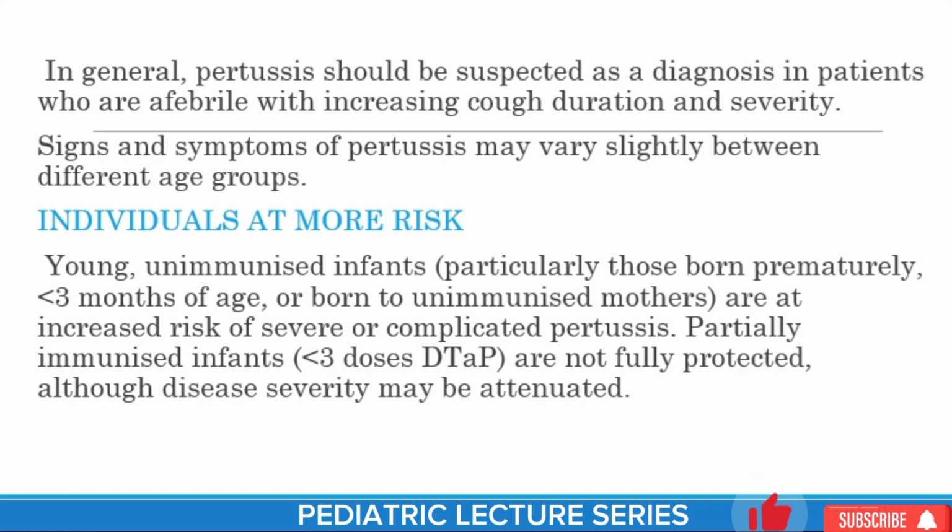Individuals at more risk, mostly the young, unimmunized infants less than 3 months of age, or those born to unimmunized mothers, are at increased risk of severe or complicated pertussis. Partially immunized infants, who have received less than 3 doses of the TAP, are not fully protected. However, the disease severity may be reduced.